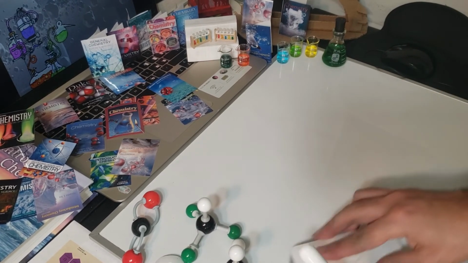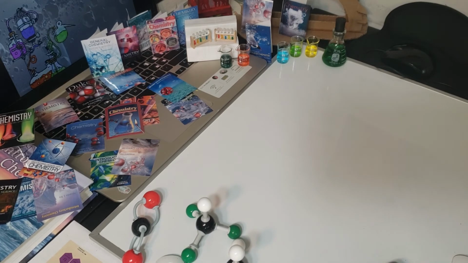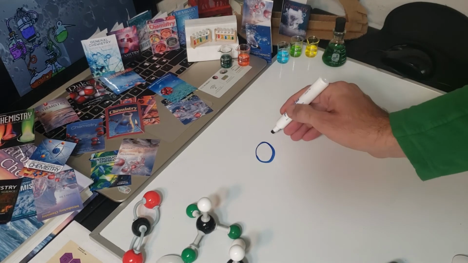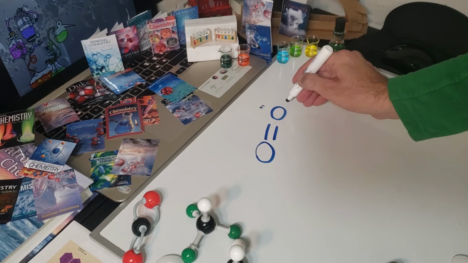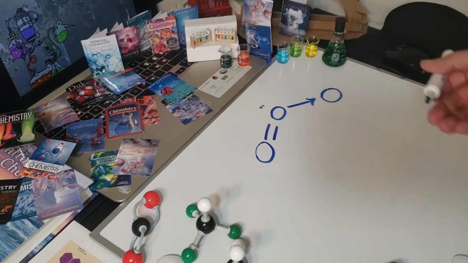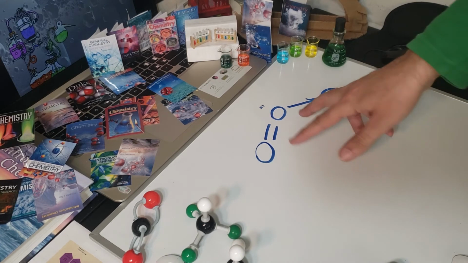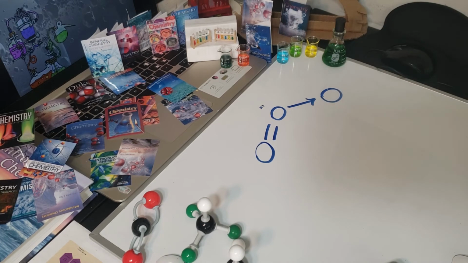Before I wrap up, I want to also mention one tricky case of O3. Let's say O3 is this. So you could say, okay, oxygen and oxygen, there's no electronegativity difference.